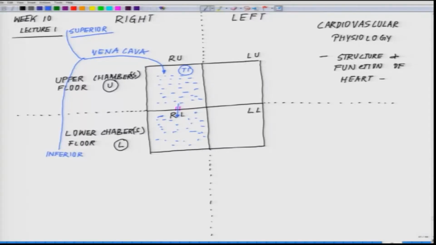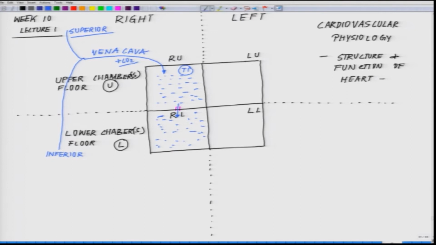So through a specific valve between the right upper and the right lower, the blood moves to the right lower chamber. From the right lower chamber, this impure blood, which is rich in CO2, carbon dioxide, needs to get purified.